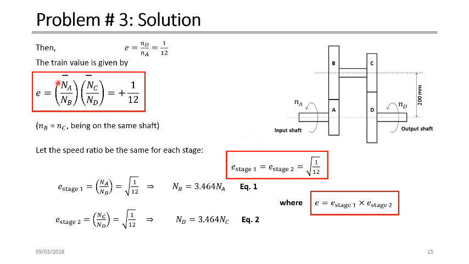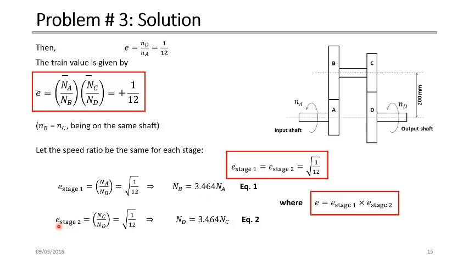So this is your stage 1, NA divided by NB. The E for stage 1, NA divided by NB, is equal to the square root of 1 divided by 12. From here, we can get a ratio between NB and NA. If we simplify this equation, NB is equal to 3.464 multiplied by NA.